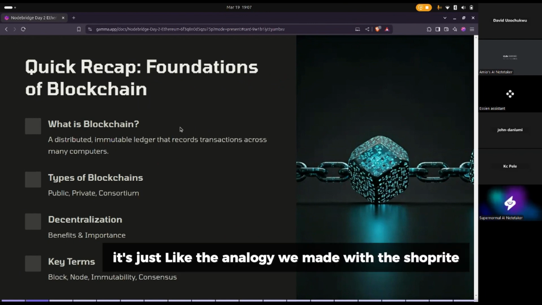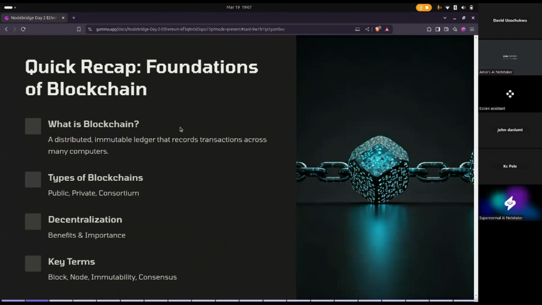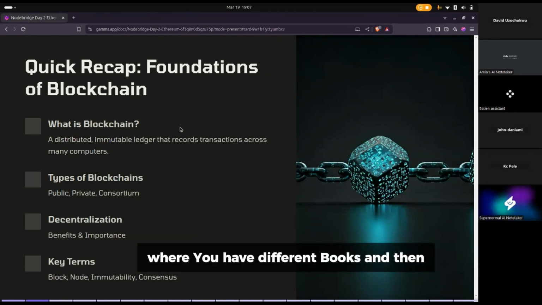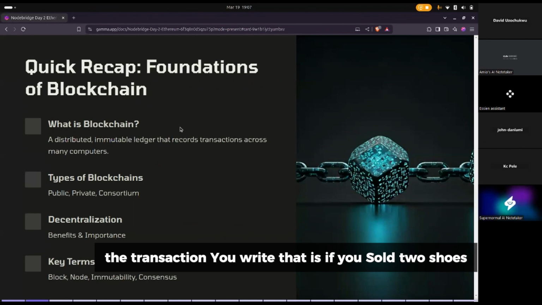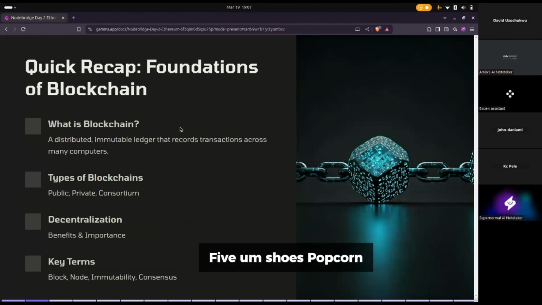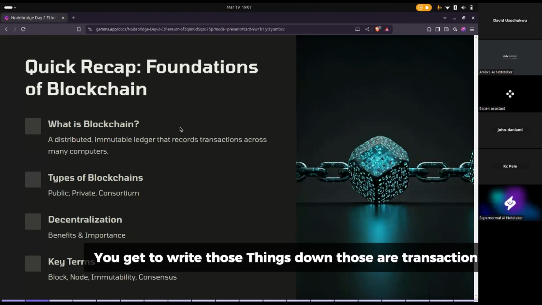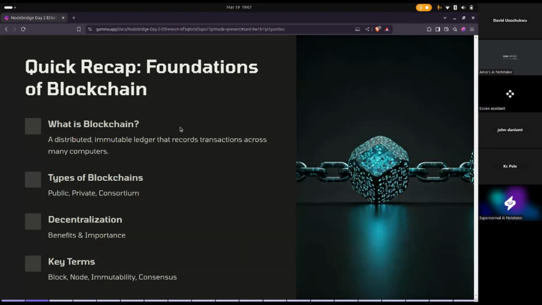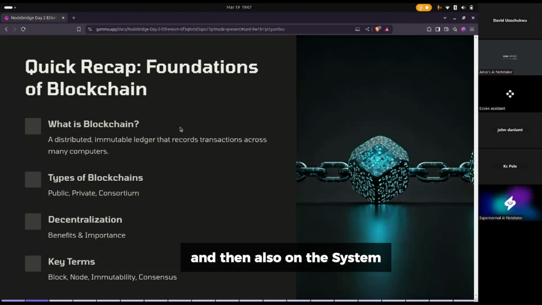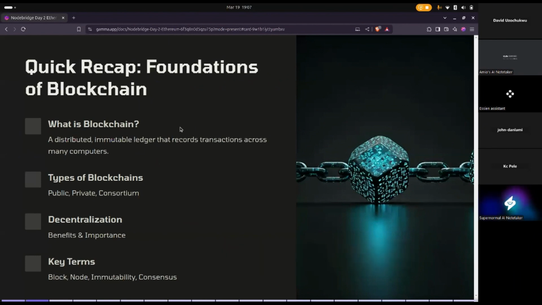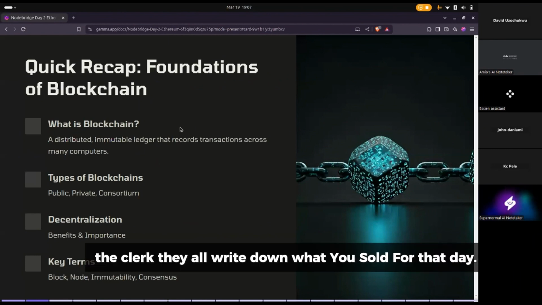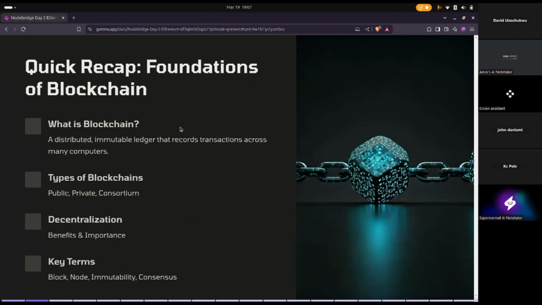It's just like the analogy we made with the ShopRite, where you have different books and then the transactions you write, that is, if you sold 2 shoes, 5 shoes, popcorn, you get to write those things down. Those are transactions. Then when you write them on your book and also on the system, probably the cashier, the manager, the clerk, they all write down what you sold for that day. So that's just how the blockchain is.